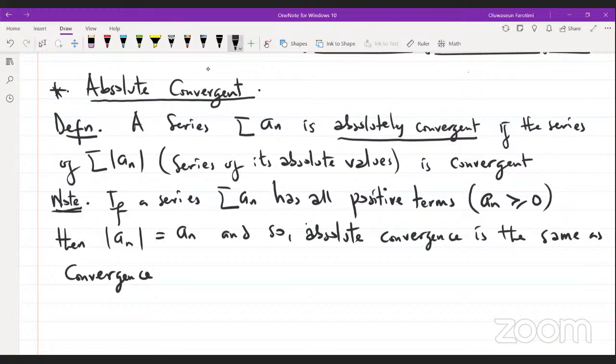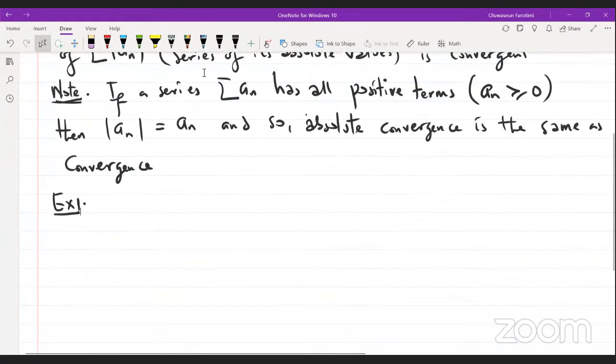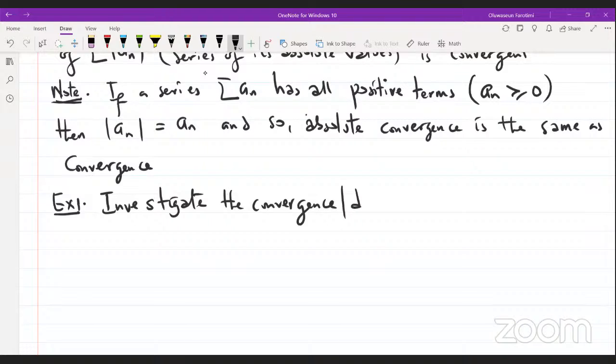All right. Now let's look at an example, example 1. Now I really need to investigate the convergence or divergence of this given series. From n equals 1 to infinity, this is (-1)^n, all divided by n cubed.